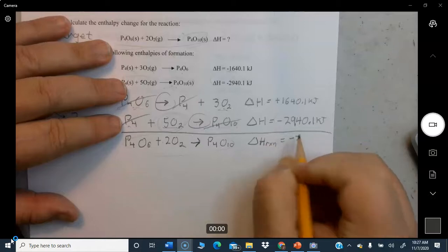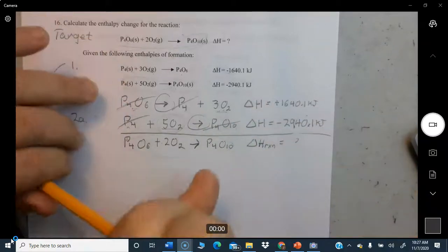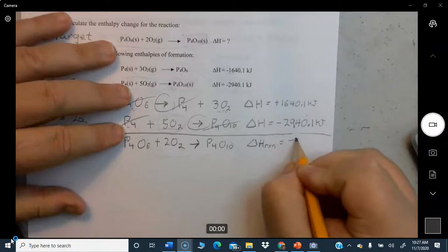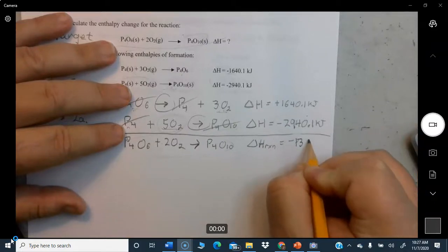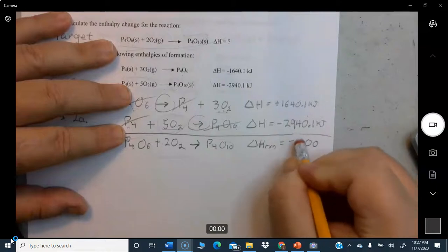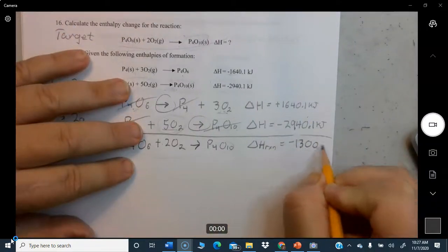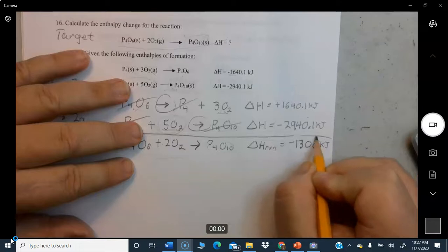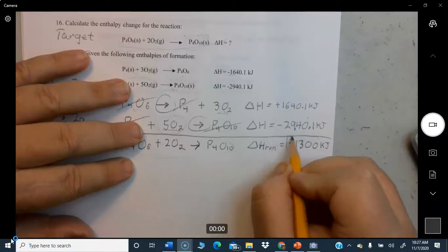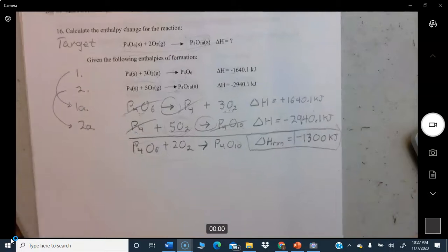Again, exothermic means energy is coming out of it. That's kilojoules. That much energy came out in the form of heat. Okay, there it is.